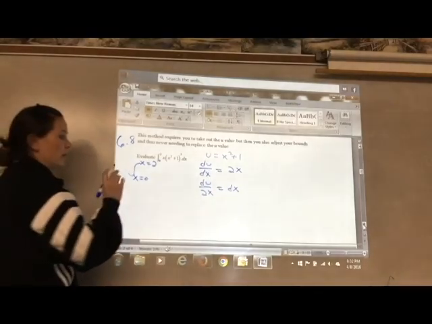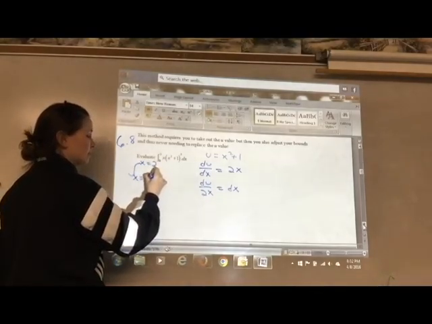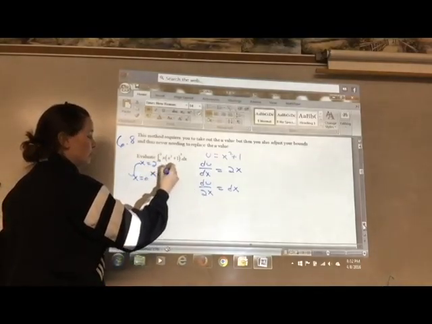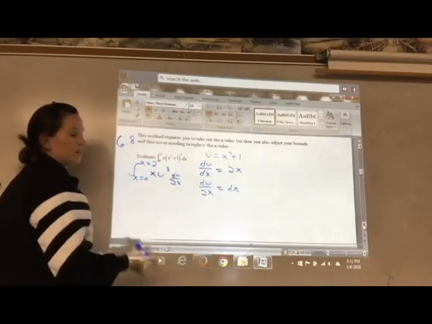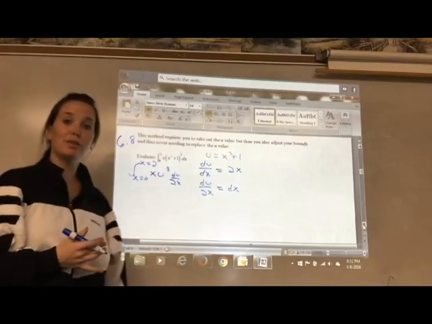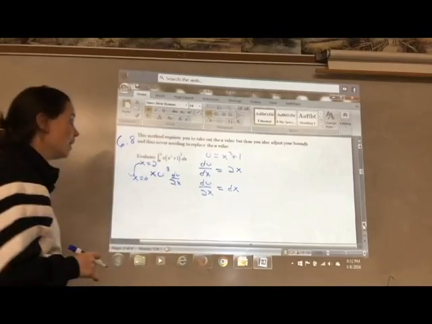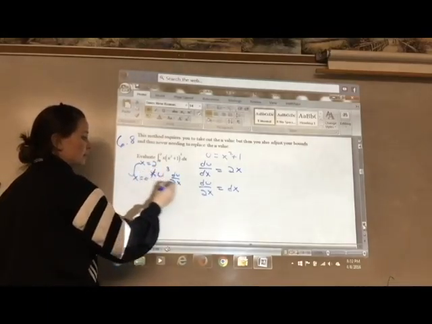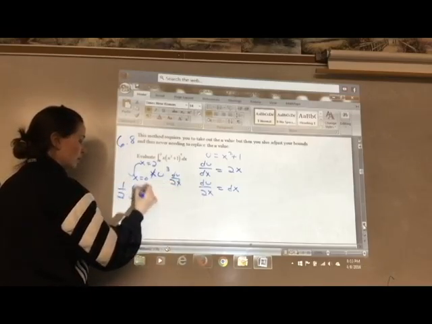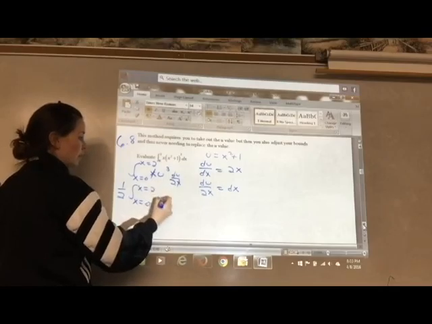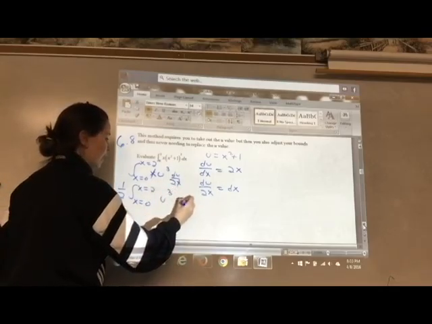So we come through and we say we have x, we have our u to the third, du over 2x. This is all the same from before, which is why I'm going so quickly. I hope you're okay with that. We're going to reduce x's, pull the 1/2 through, okay?